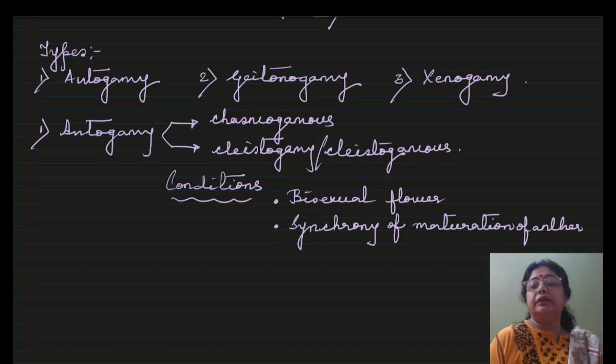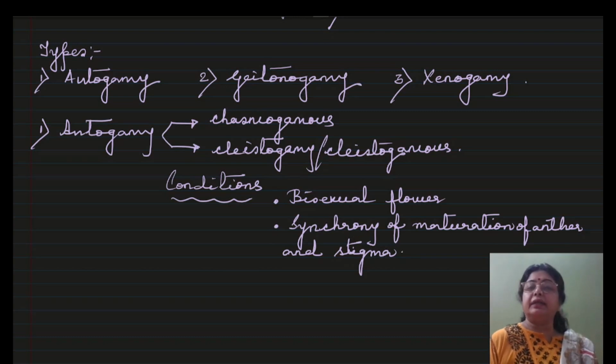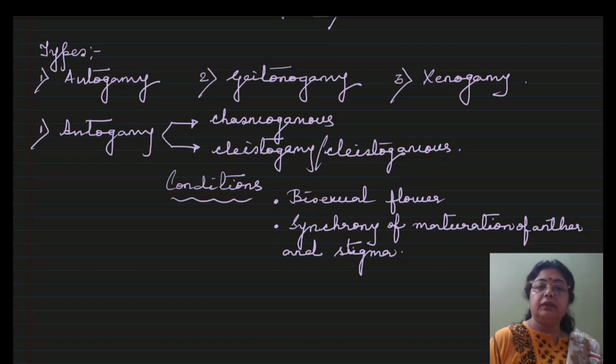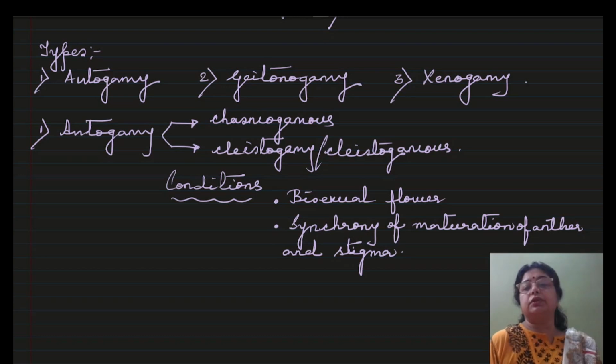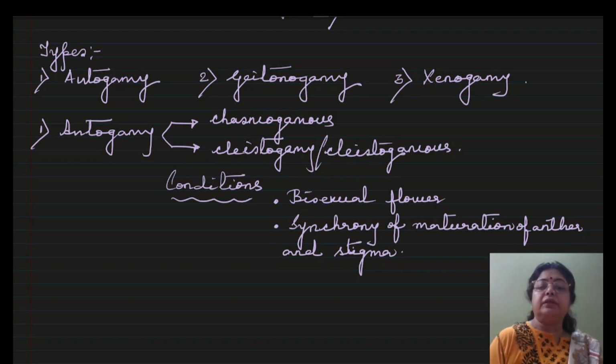If anther and stigma mature at different times, then the anther will not dehisce to release pollen grain, or the stigma is not mature enough to receive the pollen grain. So there should be synchrony to release the pollen grain and the reception of the pollen grain.